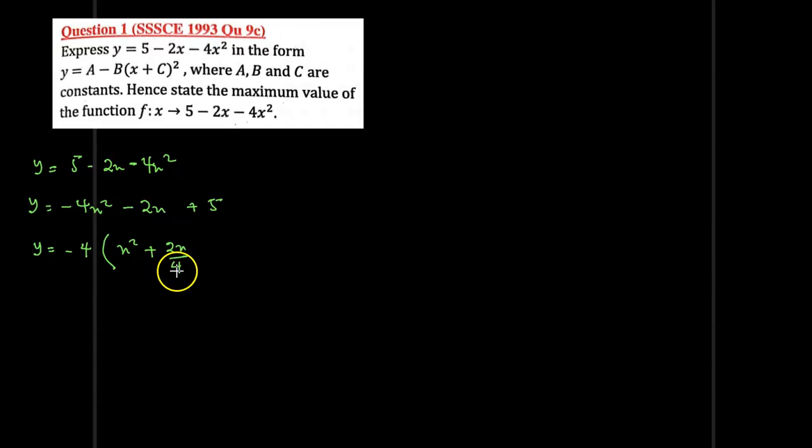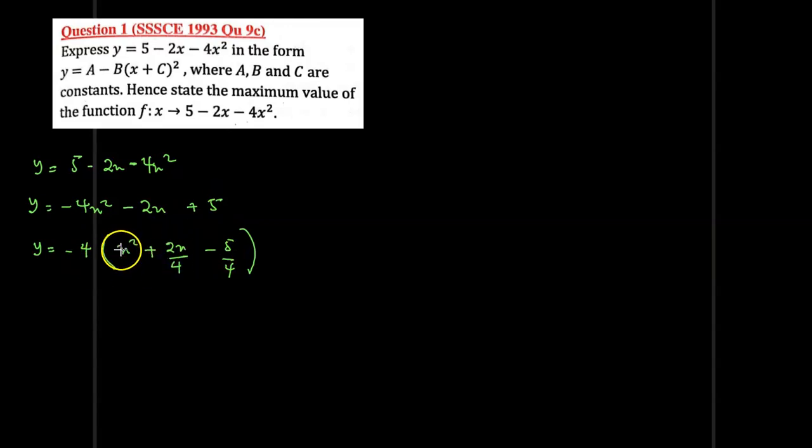I will reduce it to become half. When negative 4 multiplies 2x on 4, it should give us negative 2x. That's why it became plus 2x on 4. Then we have minus 5 on 4. Then again, minus 4 multiplying minus 5 on 4, it will be left with positive 5.